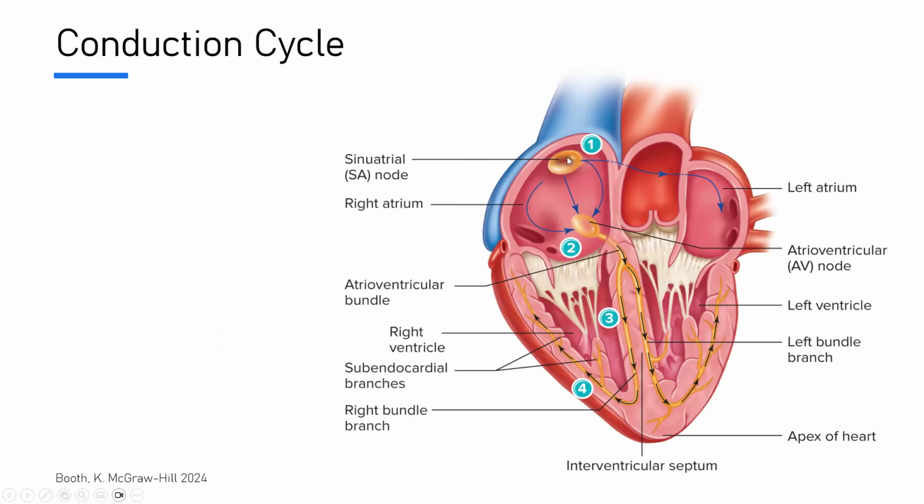SA node fires to the AV node, slight delay, down through the bundle of His or the AV bundle, to the right and left bundle branches, through the Purkinje fibers, and boom, boom. Okay. That is the electrical conduction system.